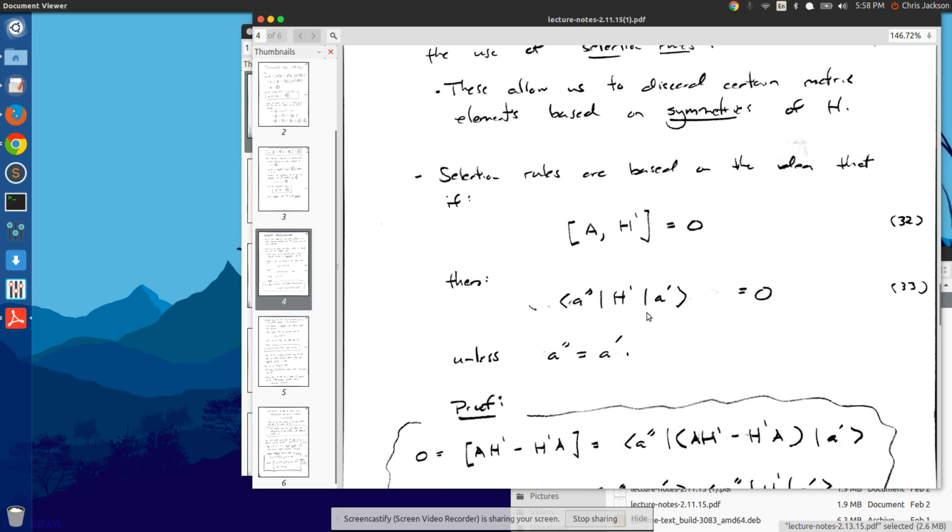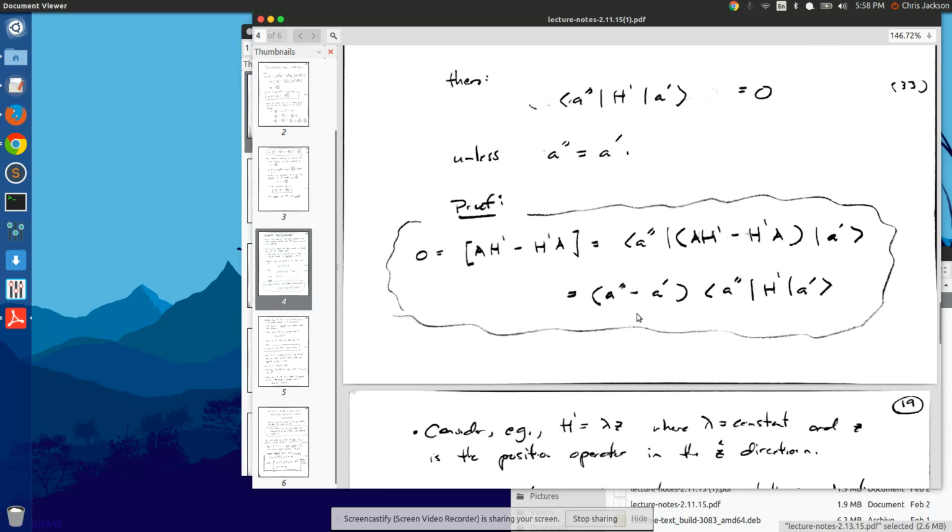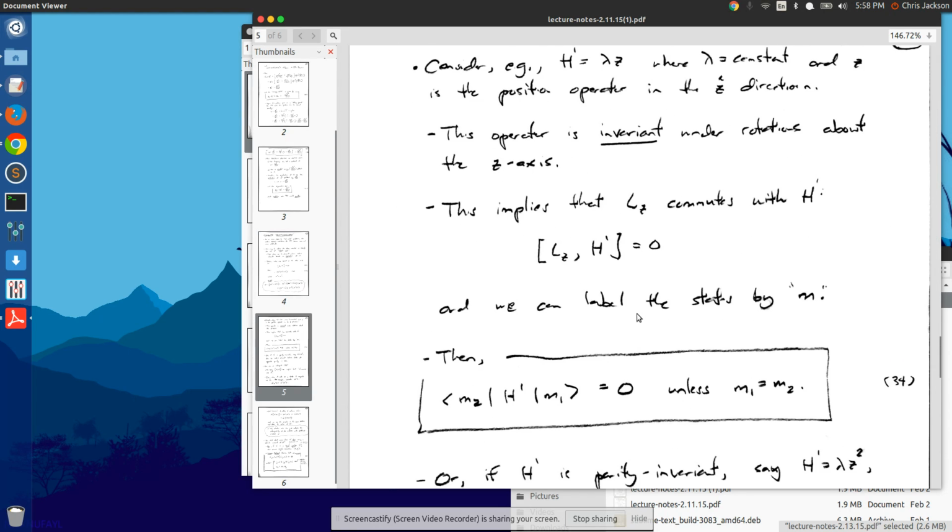Remember, in perturbation theory we're always interested in these matrix elements, right? If A commutes with the perturbation Hamiltonian, all of these matrix elements are going to be zero unless the two states are the same. We went on and proved it.